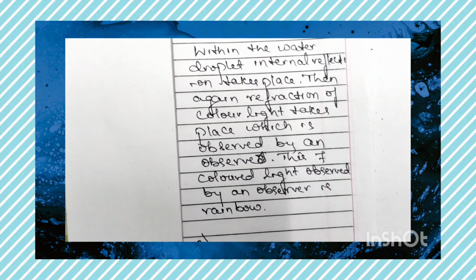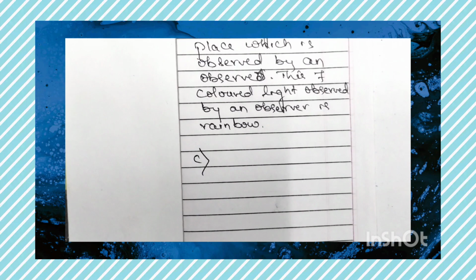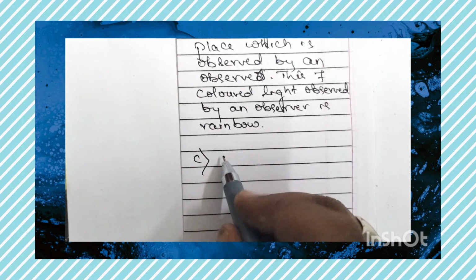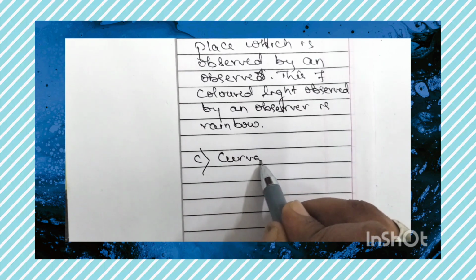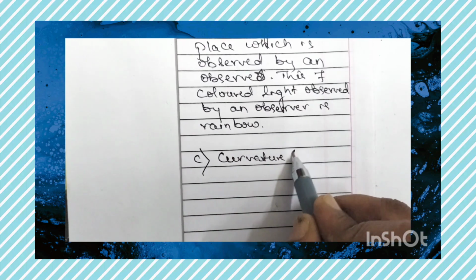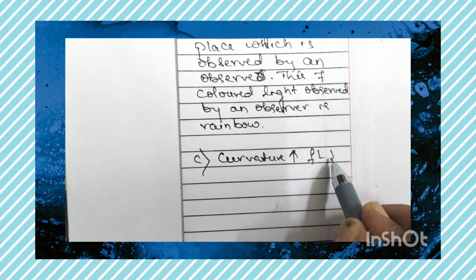Now let us answer the last question, that is, name the defect of vision due to excessive curvature of the eye lens. If the eye lens has excessive curvature, so eye lens ಹೆಚ್ಚು curvature ಹೊಂದಿದ್ರೆ, as curvature increases, focal length decreases.